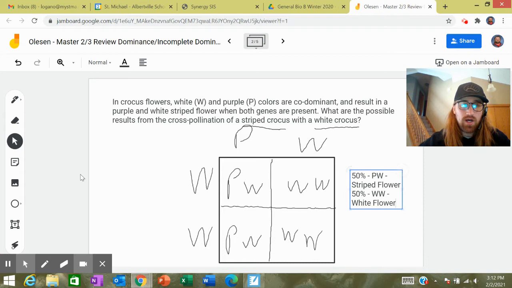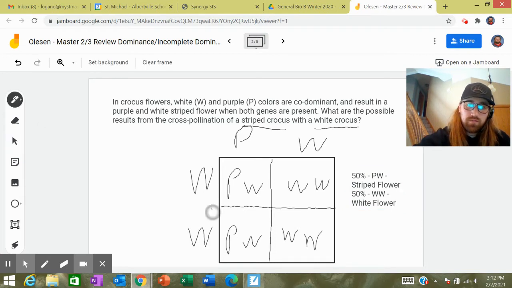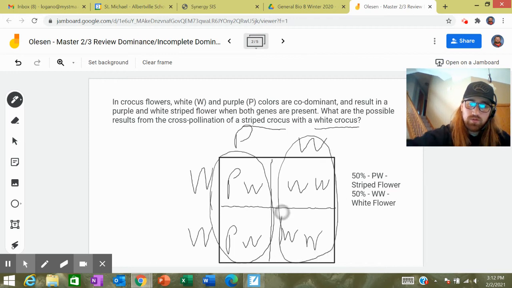How that is shown on here, PW is right there, 2 out of the 4, and WW is right there, 2 out of the 4. Okay, incomplete and codominant, not too difficult. Just make sure you guys understand that incomplete mixes, codominant does not mix.